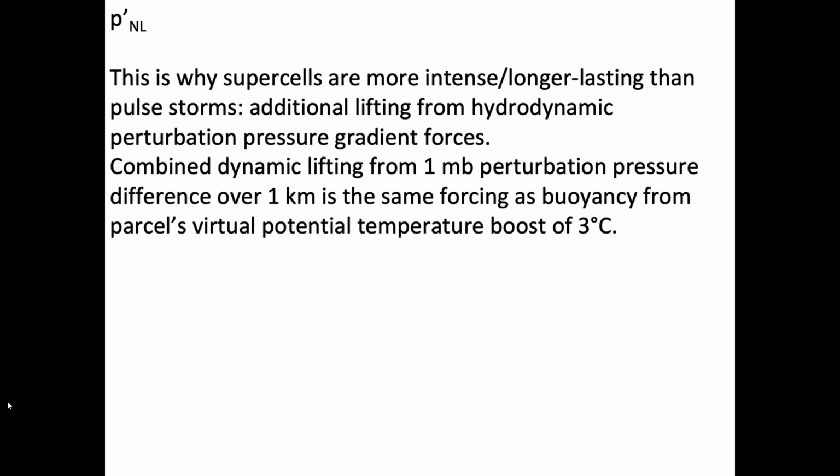Again, 1 millibar perturbation pressure difference over 1 kilometer is the same forcing, and again, that can be driven by all these updraft and shear effects, as the same forcing as buoyancy from a virtual potential temperature boost of 3 Celsius. That just goes to show how much of a dynamical process is evolving outside from the vertical shear updraft effects, interactions, that go beyond just the thermodynamic component alone.